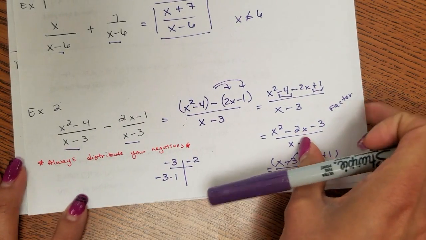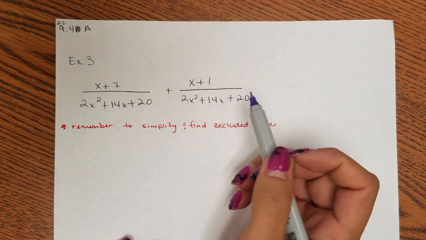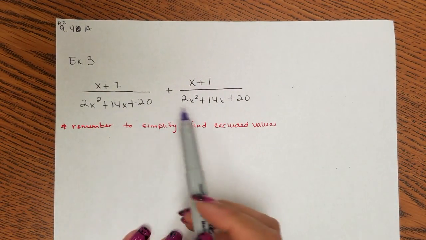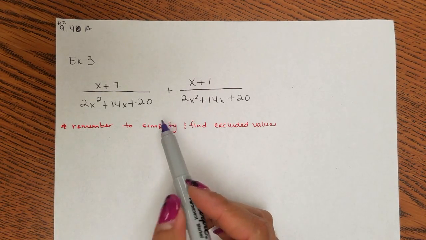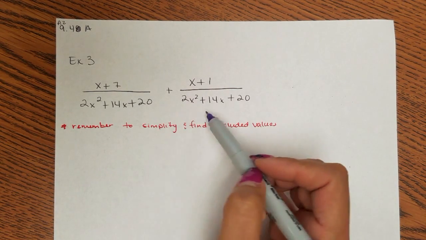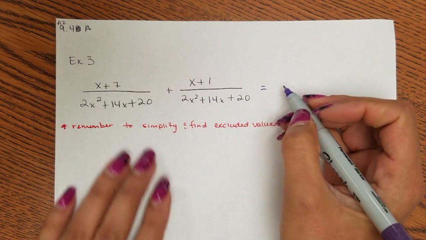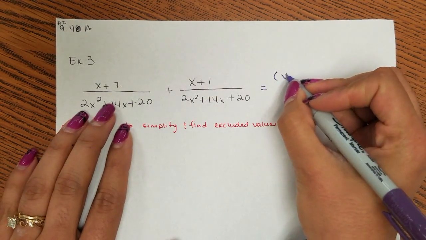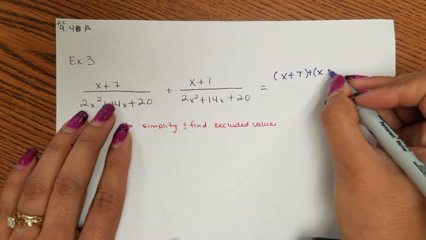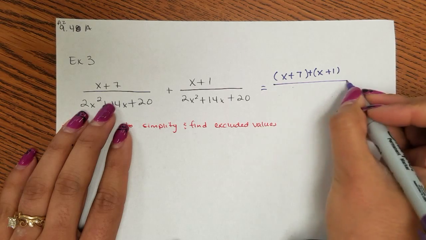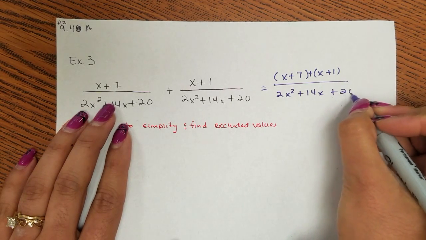I have one more example for you guys, and it looks a little more complicated, but don't worry too much. You notice right off the bat that they have the same denominator. So if you wanted to, you could factor here and then combine them. Here I would just combine and then factor. So we have x plus 7 on the top plus x plus 1 over here, all over 2x squared plus 14x plus 20.